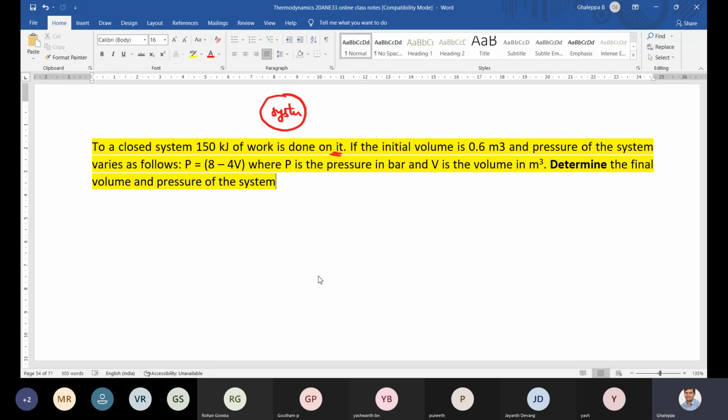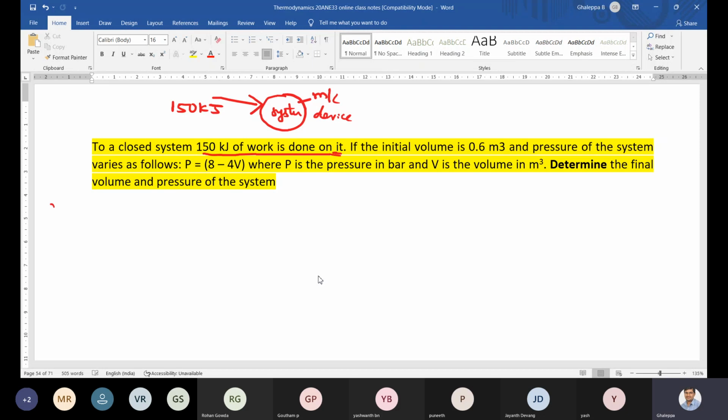It may be a fan, turbine, compressor, human body, laptop, whatever. Just assume it is a machine or one device. So 150 kilojoule of work is done on it. On it means the arrow mark should be towards it, like this. 150.